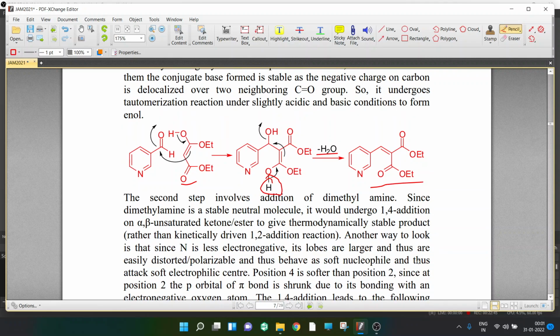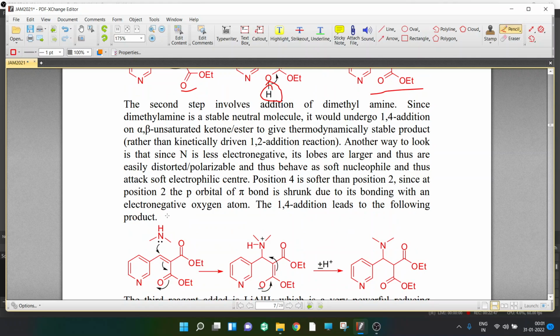Fine. Next is addition of dimethylamine. Now in dimethylamine you have nitrogen, which has a lone pair of electrons. Nitrogen is not as electronegative as oxygen. Its lobe is quite big. So rather than attacking the carbonyl group of the ester, it will attack this C double bond C, because this is a soft center.